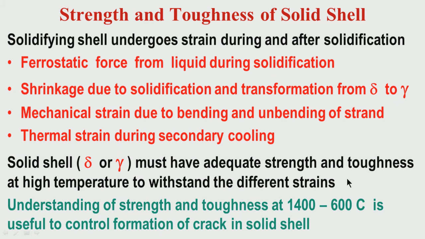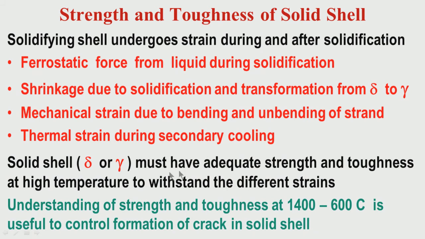After certain temperature, that means after solidification, for all types of chemistry of steel it is austenite only, but before that at relatively high temperature you may have delta ferrite depending on certain chemistry. So whether the solid shell is delta or gamma, they must have adequate strength and toughness at high temperature to withstand the different strains. By high temperature I mean this temperature range 1400 to 600 degrees centigrade.